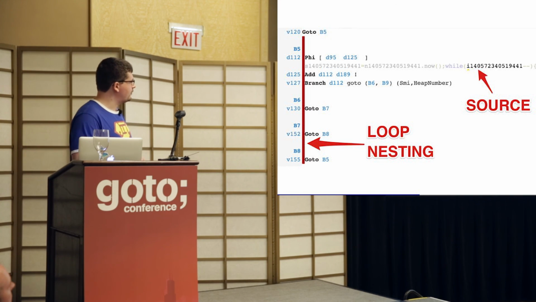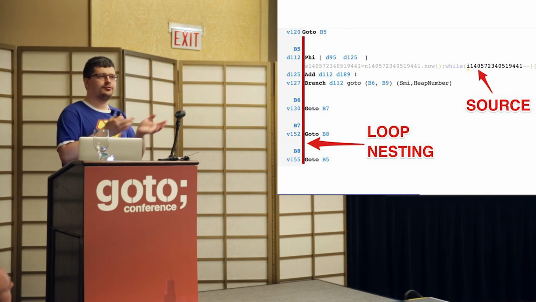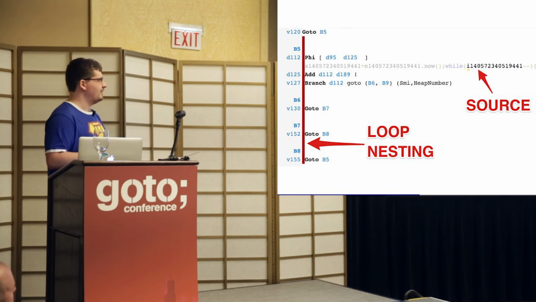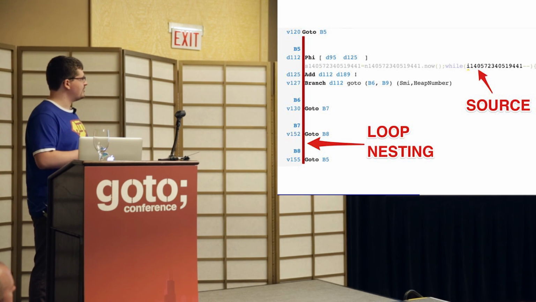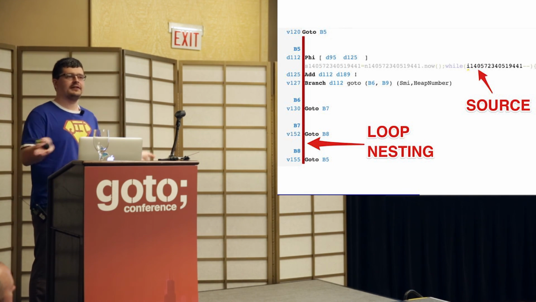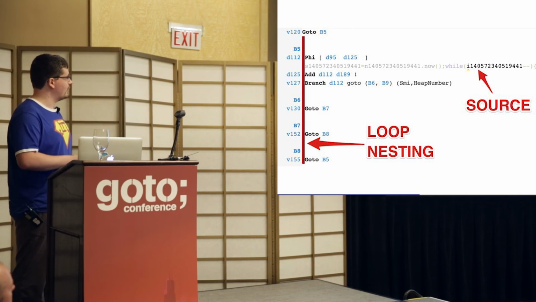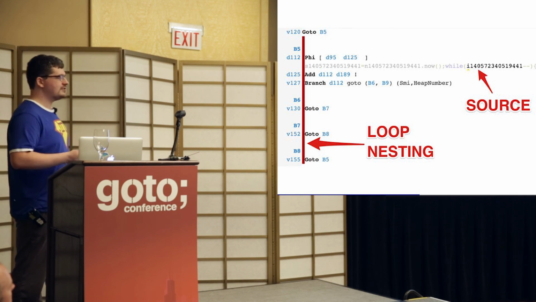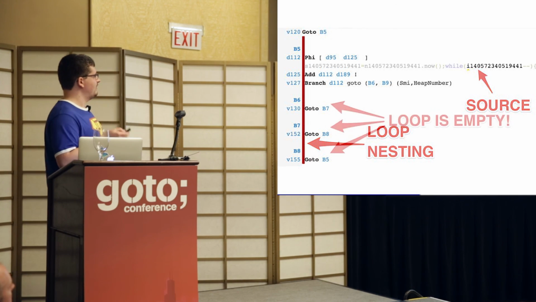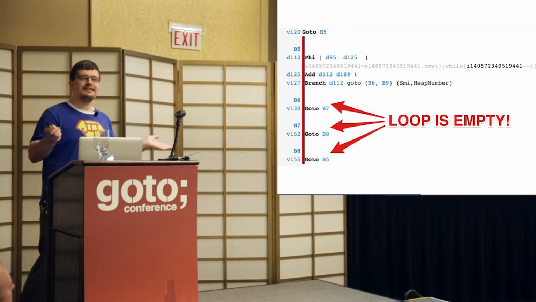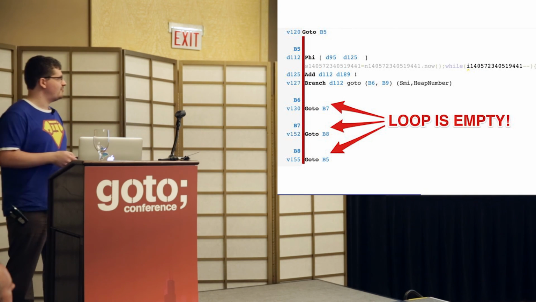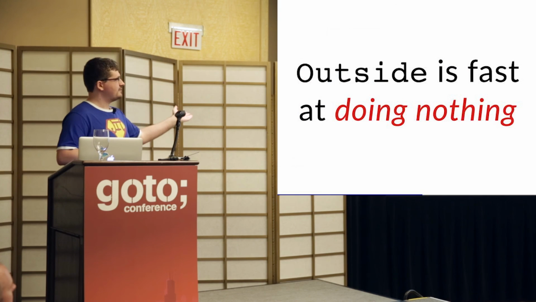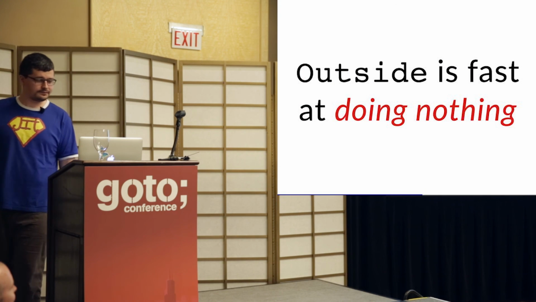And if you look, and you remember that you tried to benchmark concatenation, then you discover that where the action is going on, the concatenation is definitely not going on. There is no concatenation inside. There is some double addition going on here for a loop variable, but no string concatenation. So outside is fast because there is nothing in there. There is an empty loop. We are measuring an empty loop. It is fast because it's doing nothing.